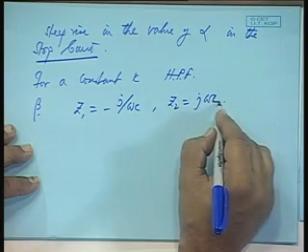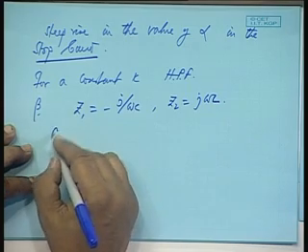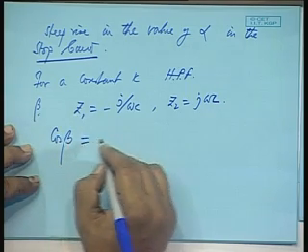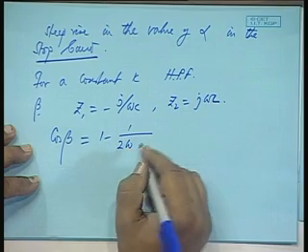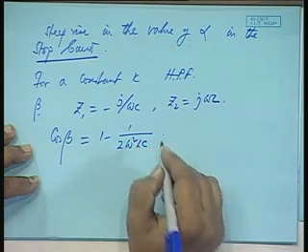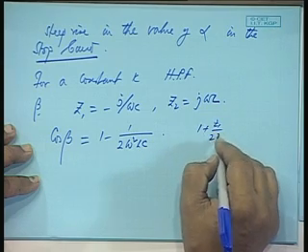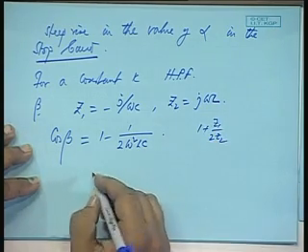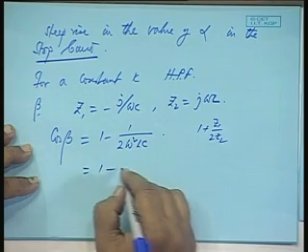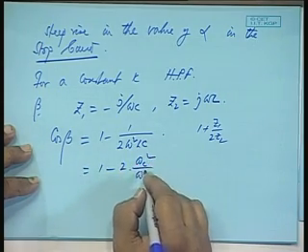Z2 is omega L into j, Z1 is minus j by omega c. So, what will be cosine beta? It will be 1 minus 2 into omega square LC if I substitute the values of Z1 and Z2 in this expression. That is 1 minus 2 into omega c square by omega square.